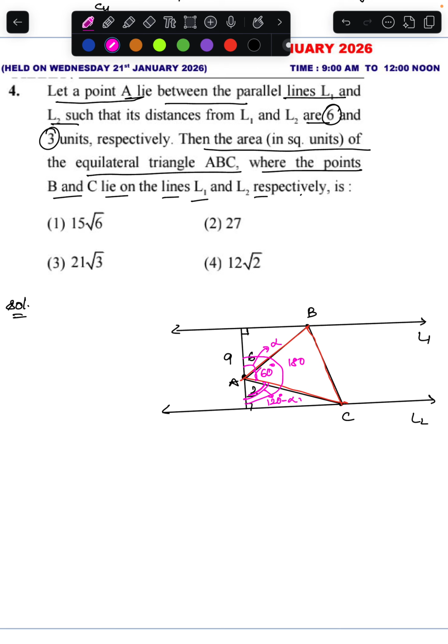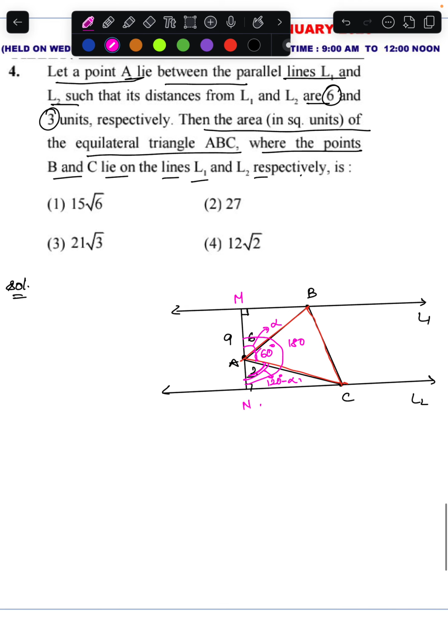Now let us say this is M and this is N. Now in triangle ABM, you can assume the side length as some small a.